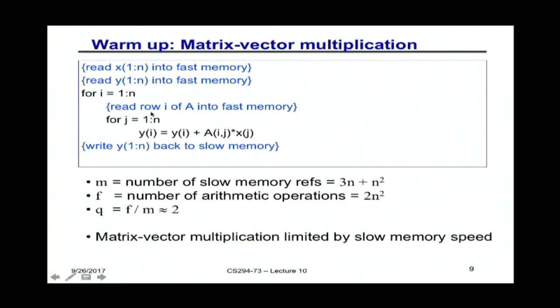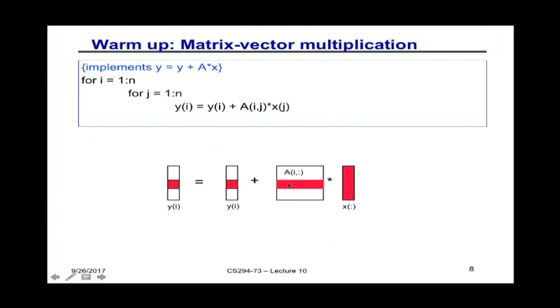Also, you need to read a row of matrix A into the fast memory. And then the innermost loop here is just a dot product of the 2 vectors. So it's one row of the matrix dot product with the source vector X. This gets you one entry of y. But of course, you need to get all the entries of y, going through all the rows.